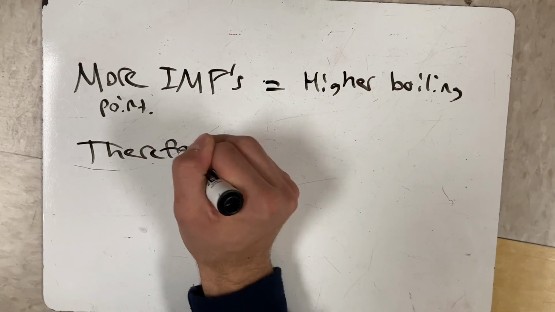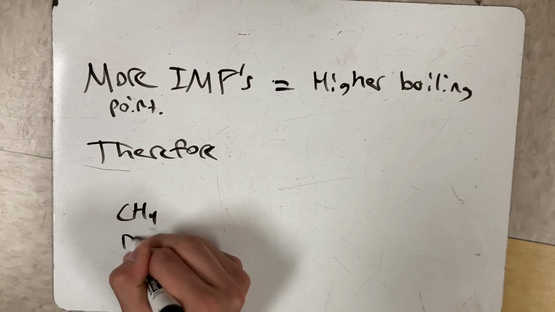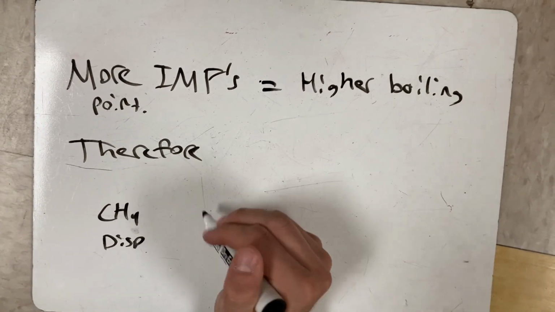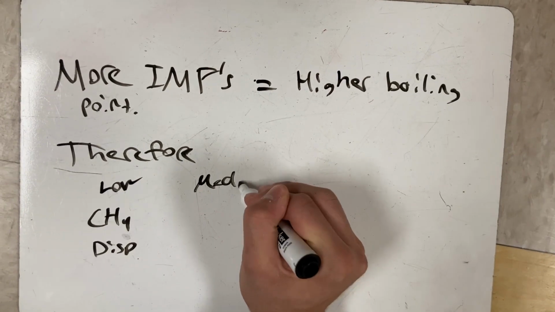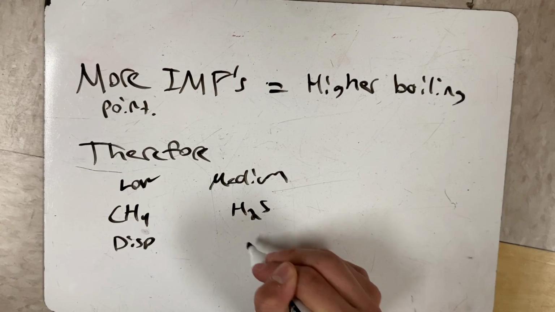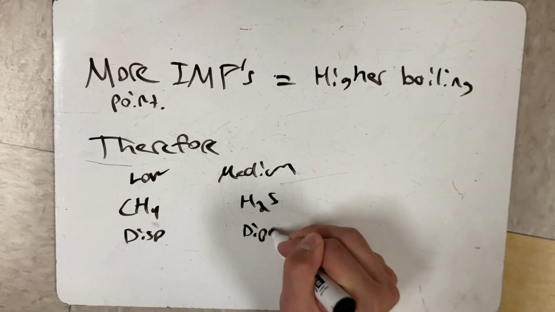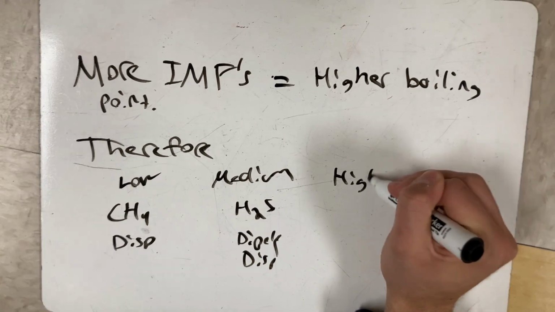And from that, you can deduce that the fewer IMFs per molecule, the lower the boiling point, and vice versa. The higher the amount of IMFs, the higher the boiling point. So just a general rule of thumb is to draw the Lewis structures and pay attention to whether your compound is ionic or covalent.